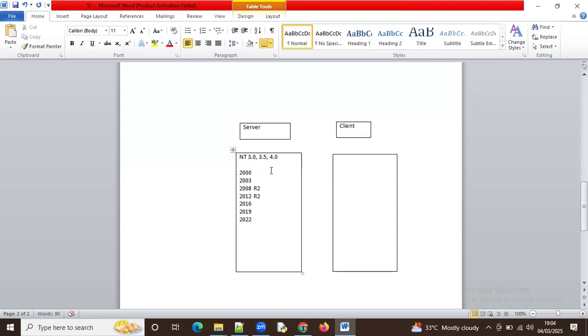These are the servers developed by the Windows operating system.